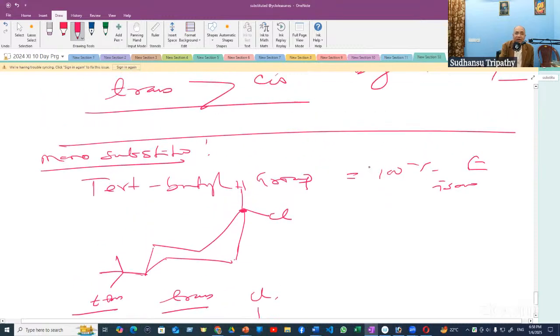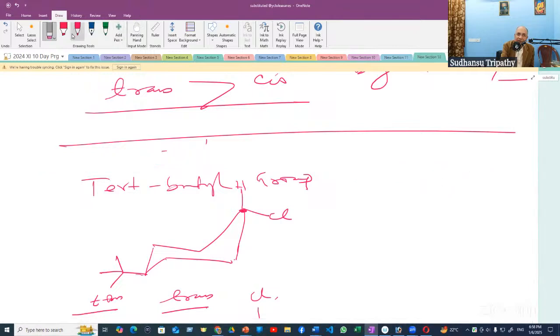So, the tertiary butyl group, it is better to write that it always remains in the equatorial position. If it goes to axial, then there will be huge 1,3 diaxial interaction even with hydrogen. And moreover, the other strains will be very, very high.